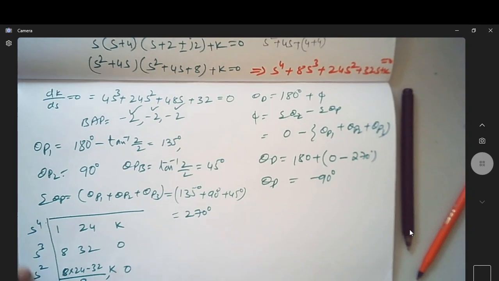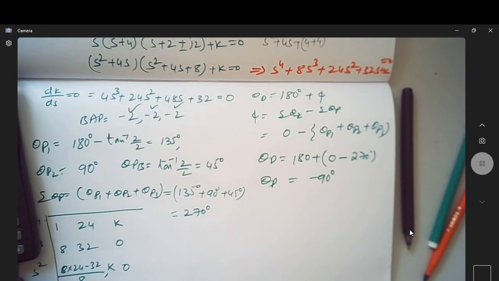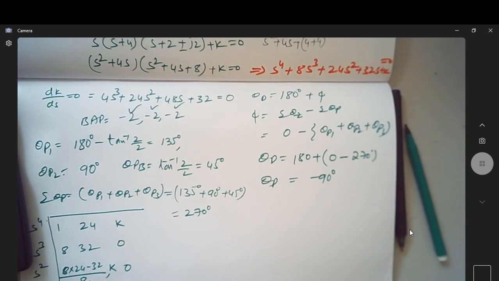Then what is s power 1? This is actually 8 into 24 minus 32 by 8. It's actually 20. So this will become 20. Now it is 20 into 32 minus 8k by 20, and 0, 0.